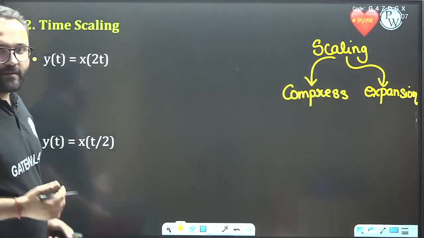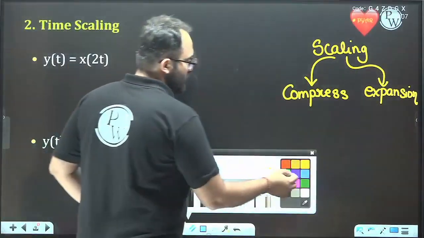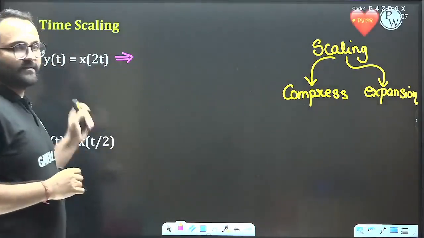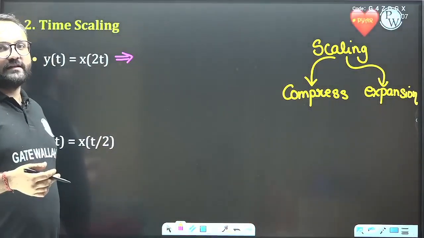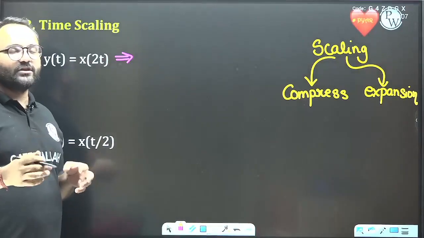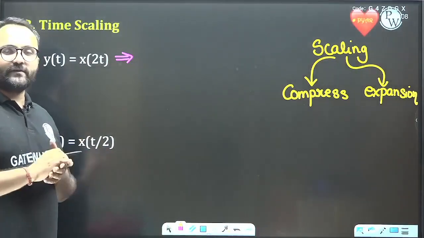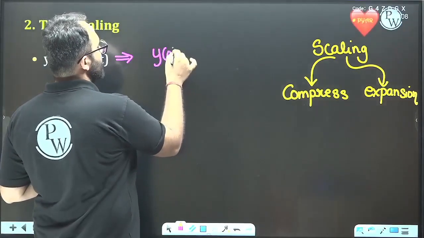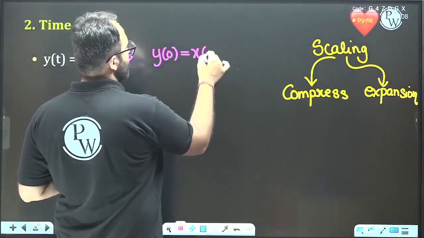Let's see what is happening in this example. This is what is given to us. Again we will do the analysis by putting t equal to 0, t equal to 1, t equal to 2, and we'll get the result. First we put t equal to 0, and we get y(0) equals x(0).